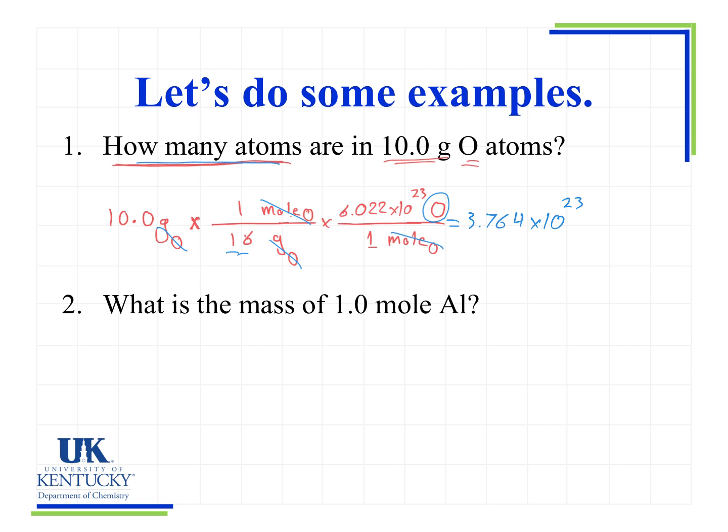For my molar mass, it's 15 point something. I just made it 16, so I have 2 sig figs, so I have to round it. So it's 3.8 times 10 to 23 oxygen atoms. So I have this number of oxygen atoms in 10 gram of oxygen.